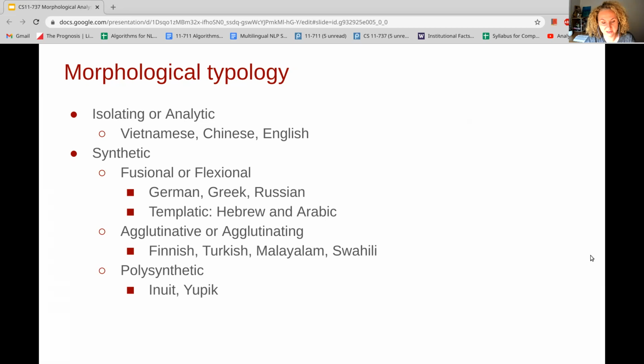So analytic languages have a lower morpheme to word ratio and higher restrictions of word order in a sentence. And languages with richer morphology, synthetic languages, typically have a higher morpheme to word ratio and more free word order.